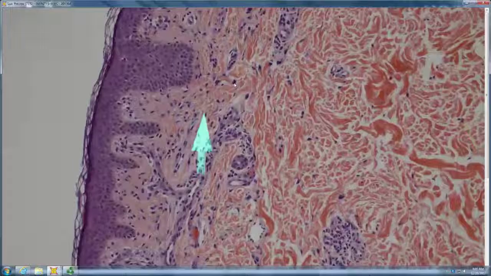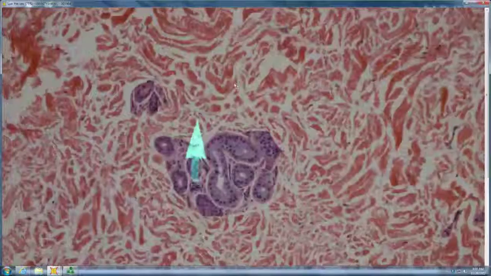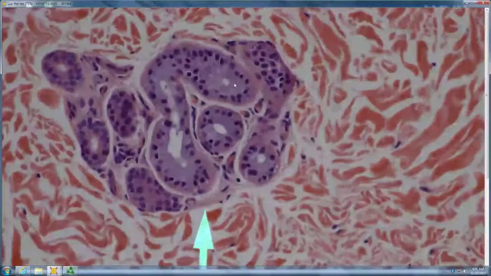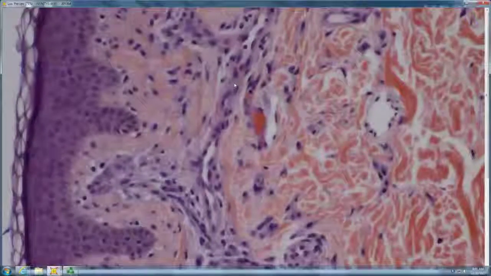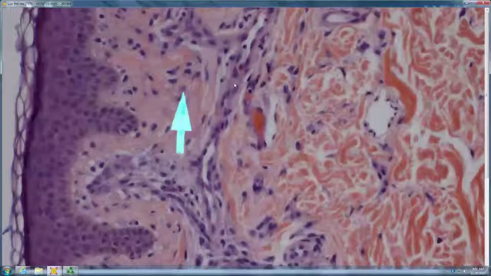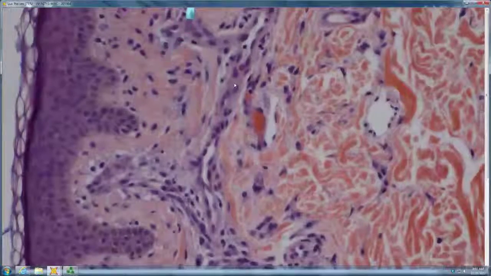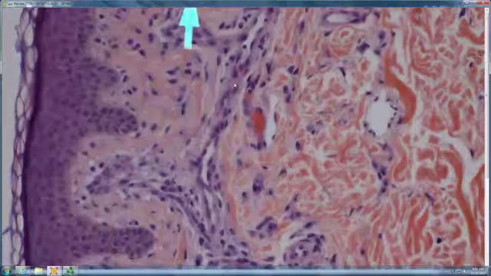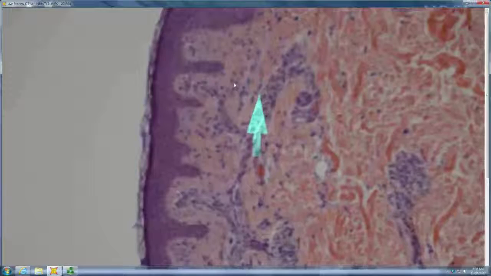The A is argyria. If you look down around the eccrine coil, look for little black dots. Not there. We're just going to get to one of the U's, which is urticaria pigmentosa. See these little granular cells all through here? Kind of blue granular cells. So when it's just a little bit hypercellular in the papillary dermis, it would look almost like fibroblasts. They're spindled.